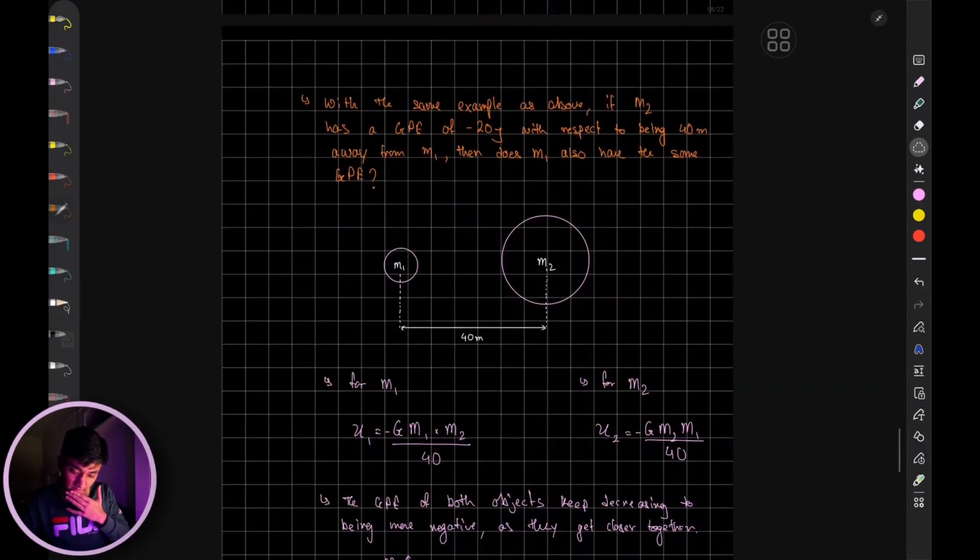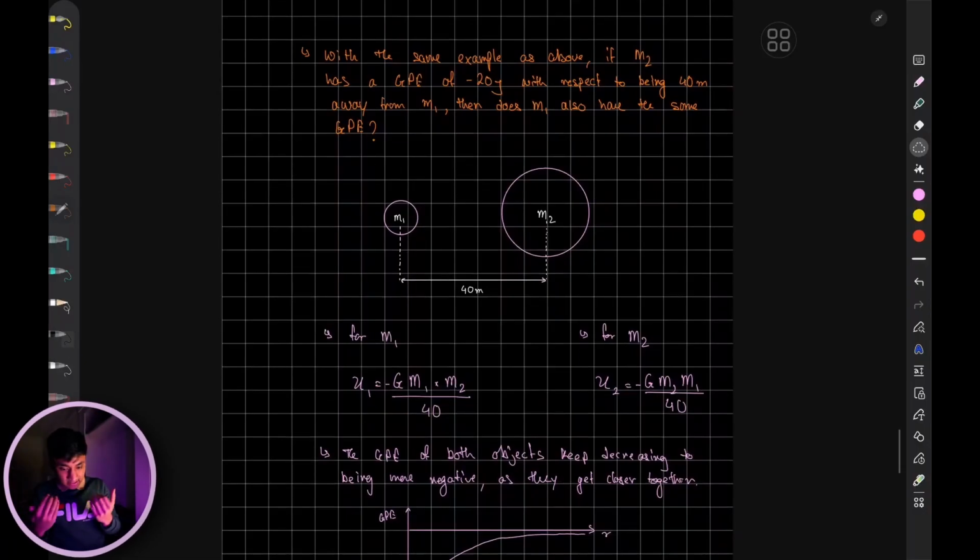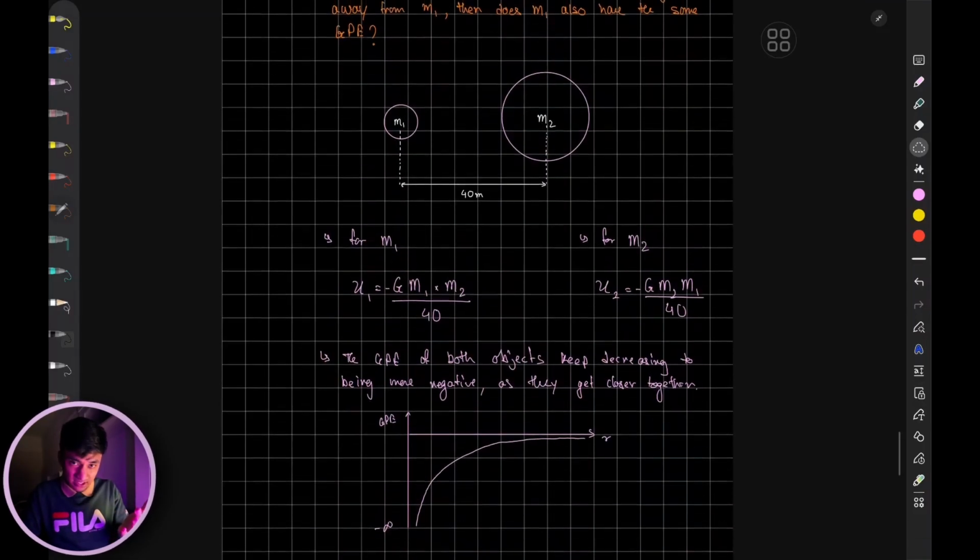Great. Now, we are taking the same example as above. We want to do a bit of maths. So, what can we do? I've just explained this above.